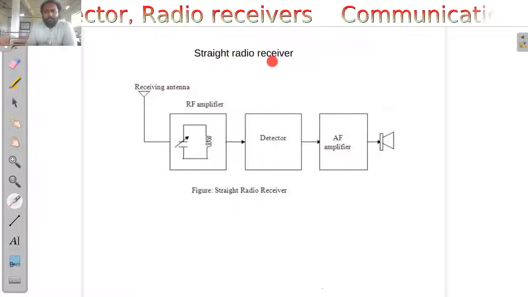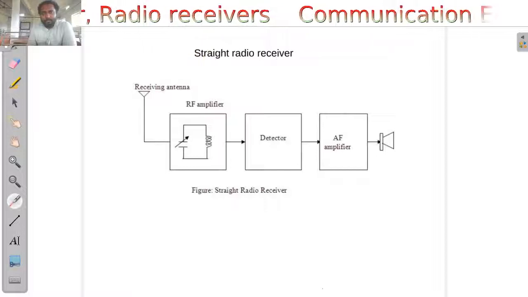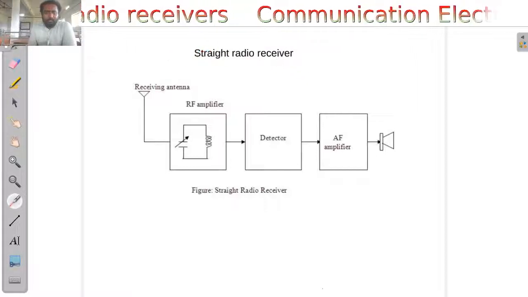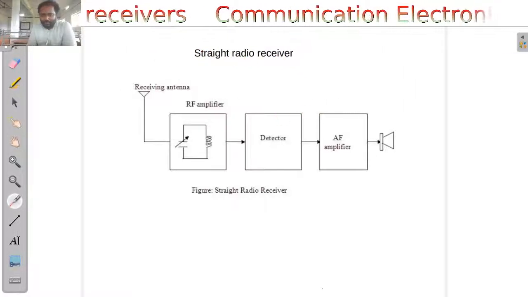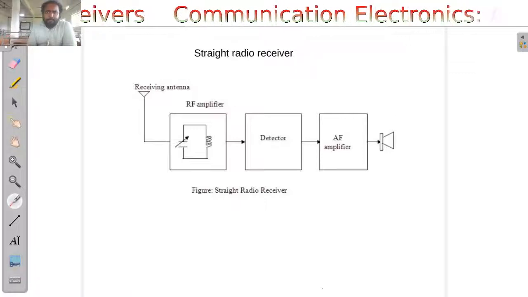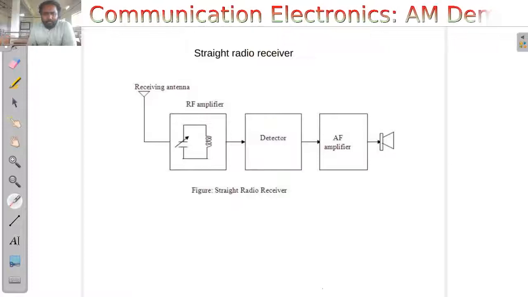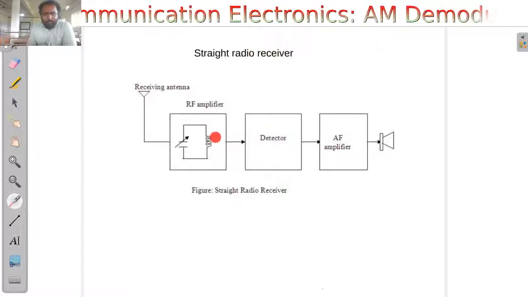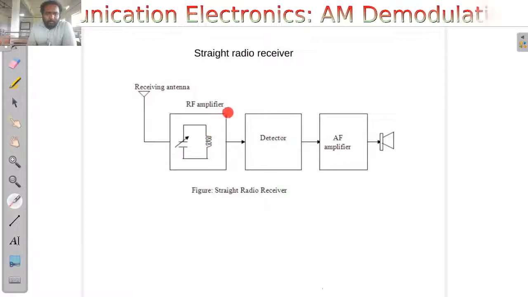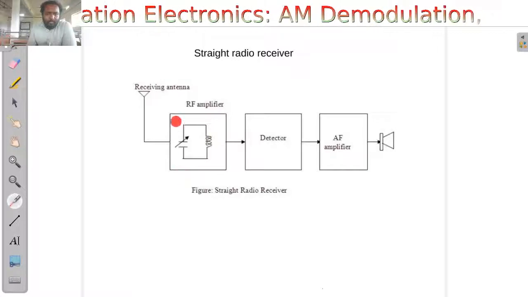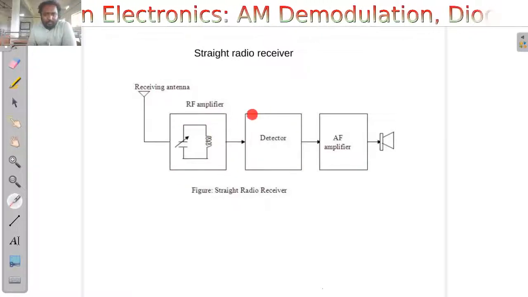Straight radio receivers are relatively simpler circuits which can be used to demodulate audio frequency signals. But if we need better control over tuning, it is not possible with straight radio receivers, because the tuning is completely done at the RF amplifier as well as in the detector stage.